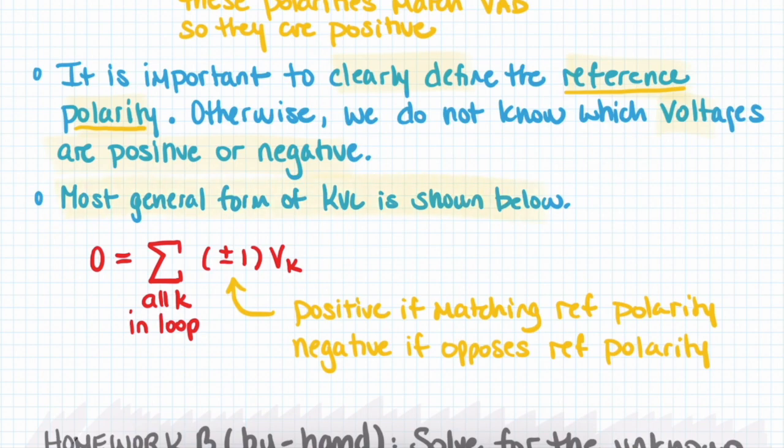That's shown right here. Essentially, the sum of all the voltages in a loop equals 0 when you take into account the positive or negative sign that is applied. It's applied positive if the polarity matches our reference and negative if it opposes.